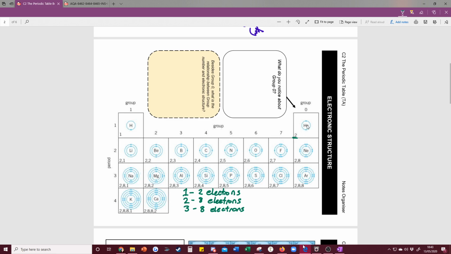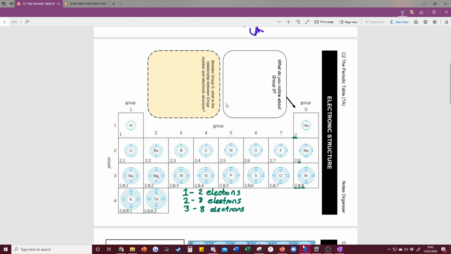Notice that helium has 2 electrons on its outer first shell. Then neon has a filled inner shell and a filled outer shell because it's reached its maximum on the second shell of 8. Argon's the same thing. It has a filled inner shell, filled second shell, and then a completely filled third shell because it's reached that maximum of 8 again. So group 0 is very interesting.